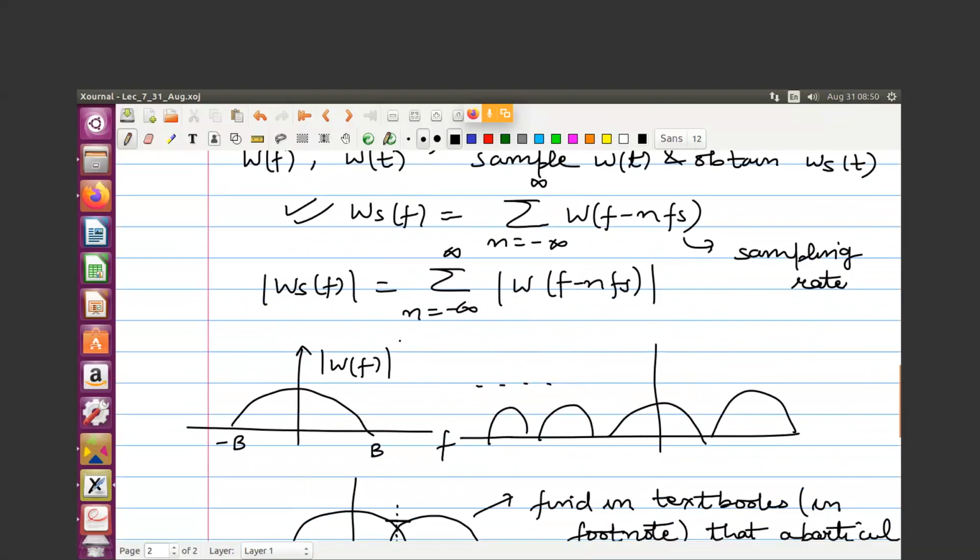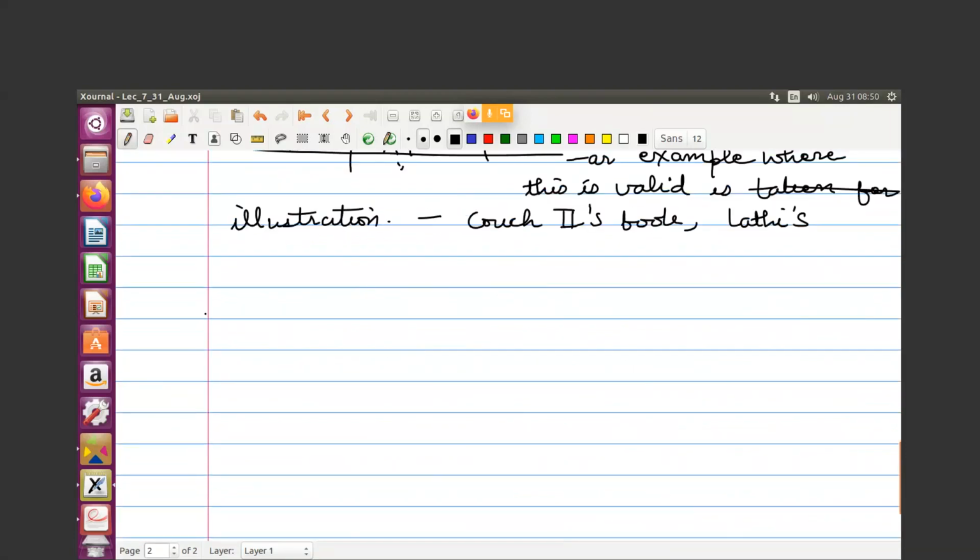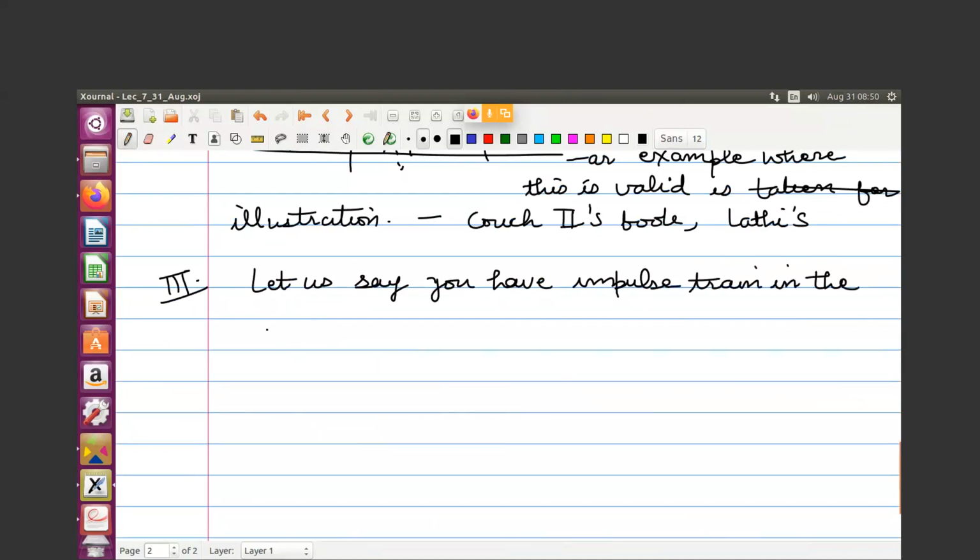Here, the third thing which I now want to say in the case of instantaneous sampling, I think in the last class we were rushing in order to complete this, so I didn't discuss it. Let us say you have an impulse train in the frequency domain.